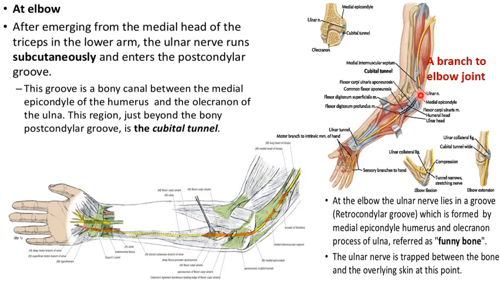So this is the ulnar nerve which is behind and is subcutaneous at this place, the ulnar nerve. So any irritation to the ulnar nerve being subcutaneous will cause tingling sensations. That is the reason the humerus has gained its name as funny bone.